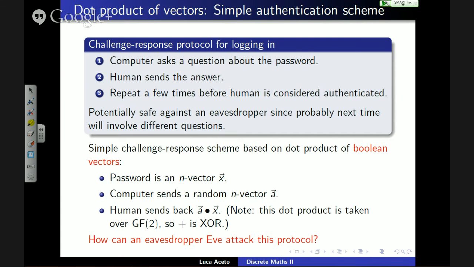Okay, so if you are Eve, how would you actually go about figuring out the password? You're an observer. All you see are the random vectors that the computer sends, the challenges, the vectors A1, A2, AN, and the bits that Bob or Adam sends back.